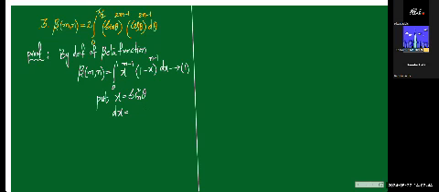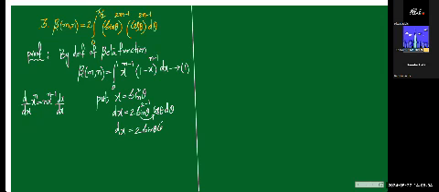Not that. Apply the x power n formula: always differentiate the power first. d by dx of x power n is n x power n minus 1 into the derivative of the inner function. So here, 2 sin theta into the inner function, derivative of sin theta is cos theta. 2 minus 1 is 1, so no need to write it. dx is equal to 2 sin theta cos theta d theta. Don't forget to write d theta.